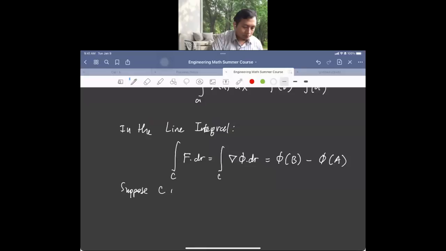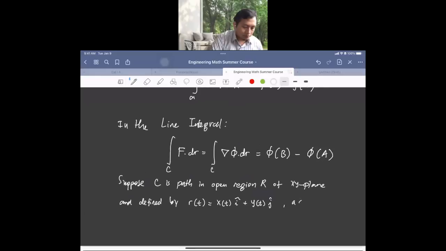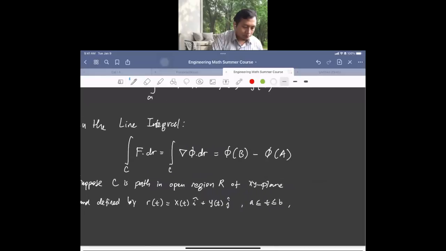So suppose C is a path in an open region R of the xy plane, defined by r(t) equals x(t) i plus y(t) j, where t goes from a to b.